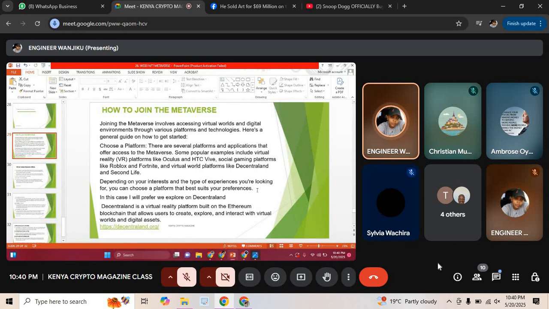Like, for example, if you want to access Snoop Dogg's concert or anything, which platform do you need to sign up on? The video actually described which platform you need to sign up on. Which platform? Someone? Was it HTC, social gaming, Roblox, Decentraland, Second Life?